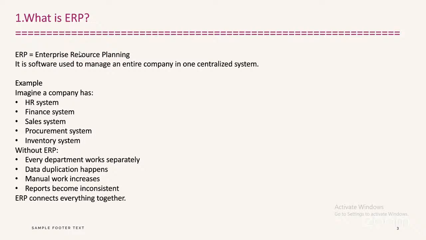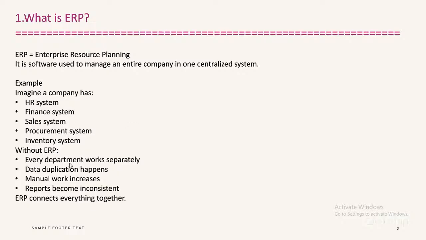Now we need to understand what an ERP system is. ERP is enterprise resource planning. It is software used to manage an entire company in one centralized system, so no system has to communicate manually. For example, every company has an HR system, finance system, sales system, procurement system, and inventory system, and there will be many more systems in real life.